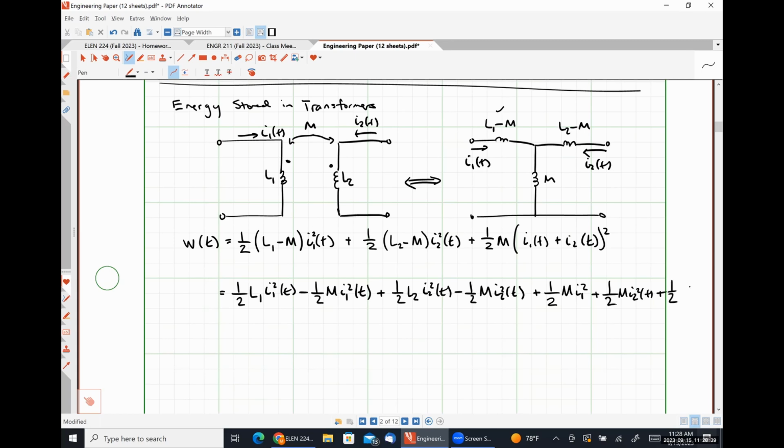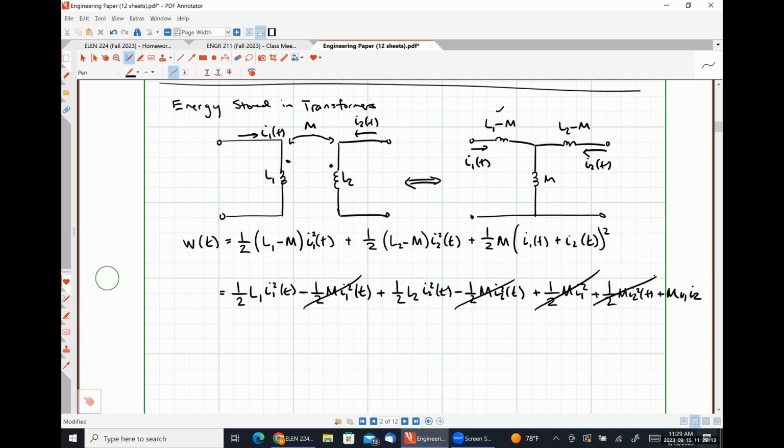Plus, and because I'm running out of room, sorry, not 1/2 here, M I1 I2, because the 1/2 times the 2 when we FOIL. So we have a negative 1/2 M I1 squared here and a positive 1/2 M I1 squared here, and the same for I2 squared.